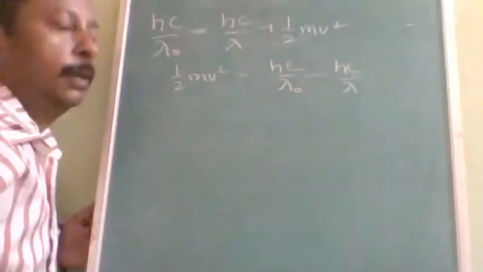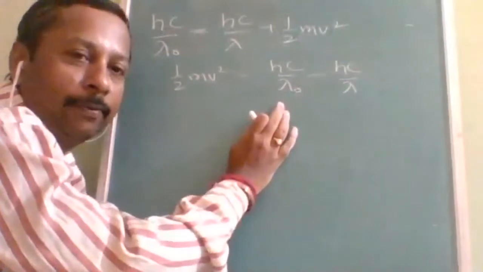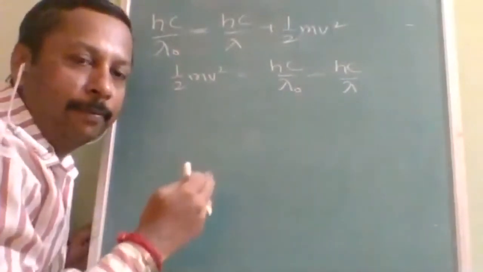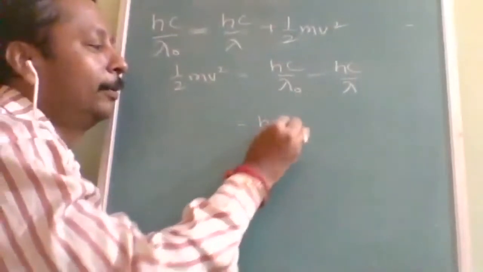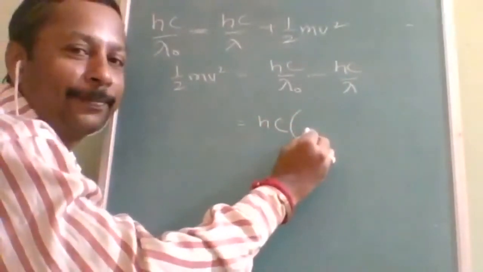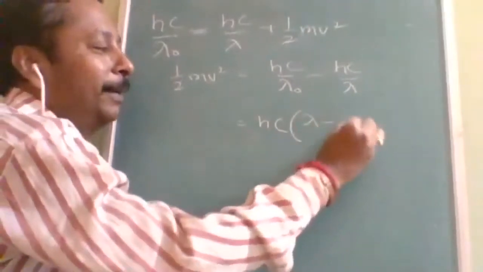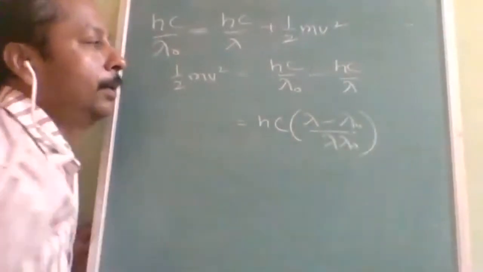As a common man, everybody after looking at it, what you feel, you have to take hc common. Very nice. And after that, lambda minus lambda naught by lambda into lambda naught.